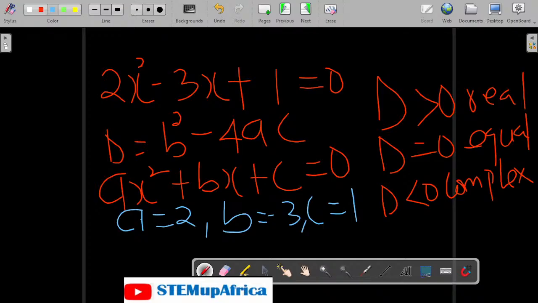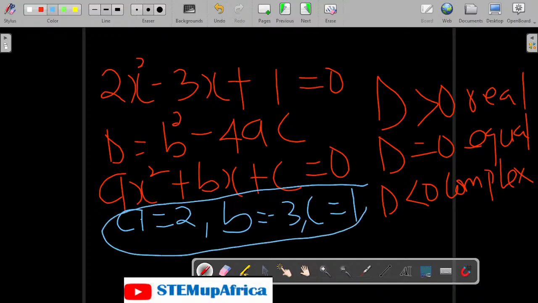So let's substitute these values into our discriminant. Anywhere I see a, I will put 2. Anywhere I see b, I will put minus 3. Anywhere I see c, I will put 1.